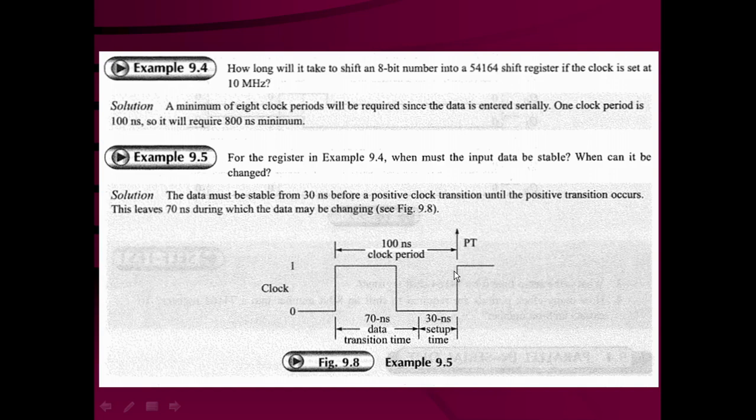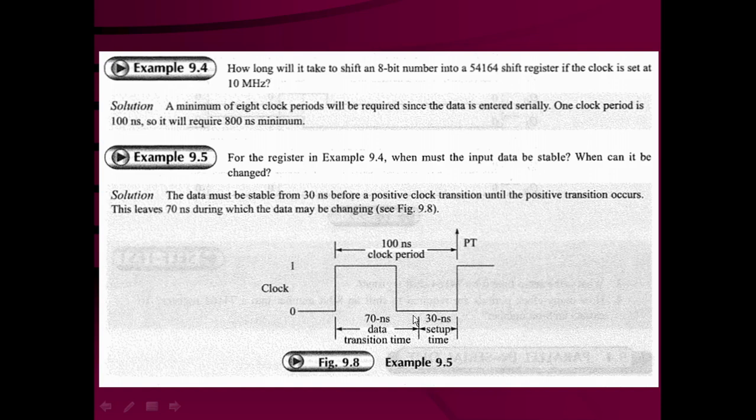So if we consider that data is going to be entered on this positive transition of the clock pulse, prior to this positive transition of the clock pulse, 30 nanoseconds is the setup time for this IC. So at least 30 nanoseconds prior to the positive edge of the clock pulse, the data must be stable and unchanging.